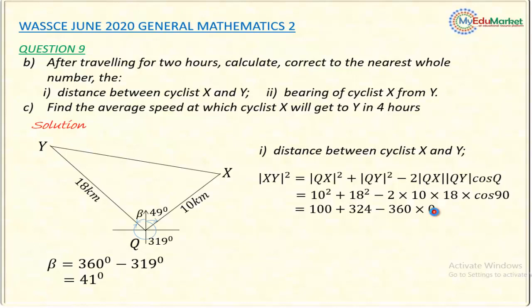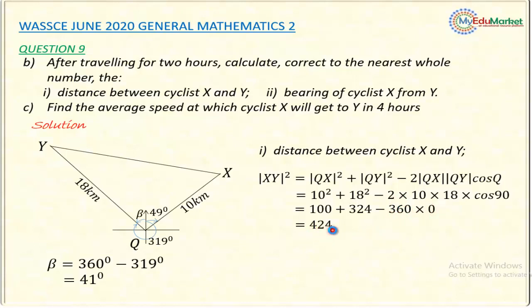So this answer will be 424, simply 100 plus 324, because 360 times 0 is 0.